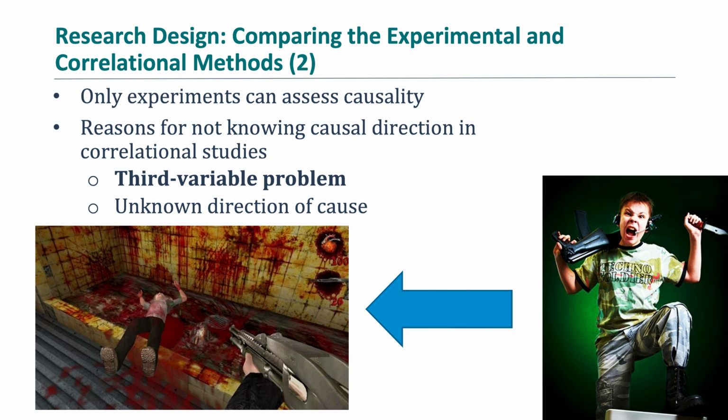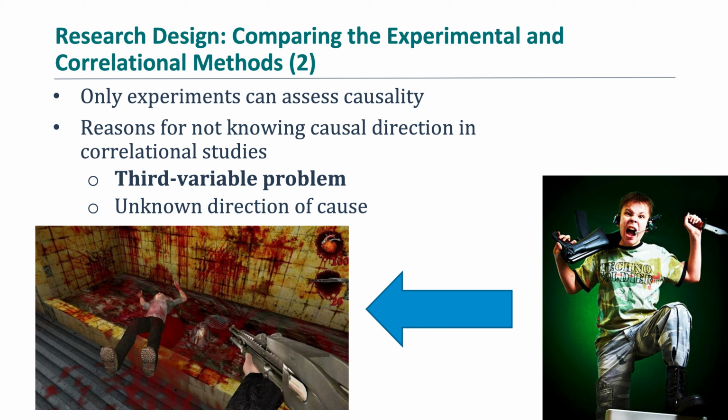And so, the importance here is that we don't know which direction. What came first, the chicken or the egg, right? And so with correlational studies, we can't know the cause. But with experiments, we can. So what we could do in this situation, when it comes to an experiment, is we might take a bunch of kids, randomly assign them to play video games that are violent, randomly assign them to video games that aren't, and see if the kid becomes more violent after playing the video game.